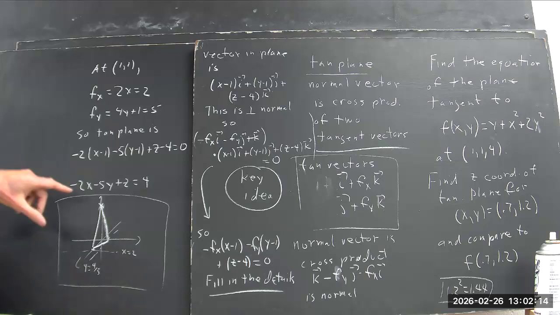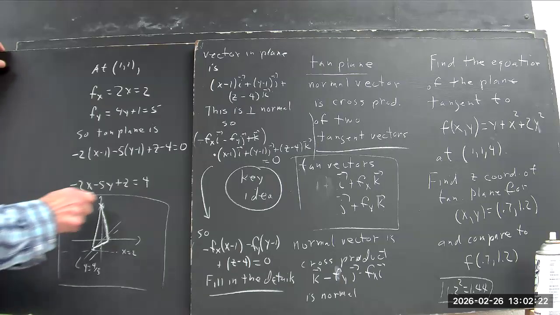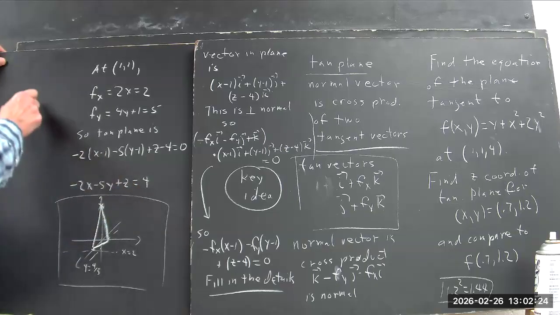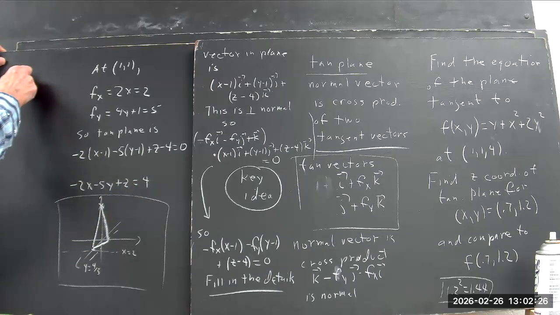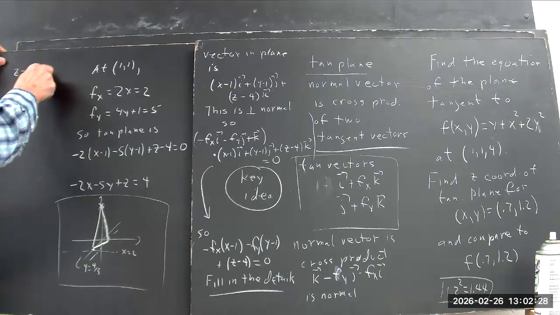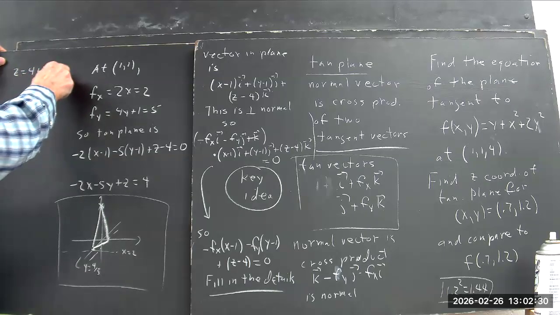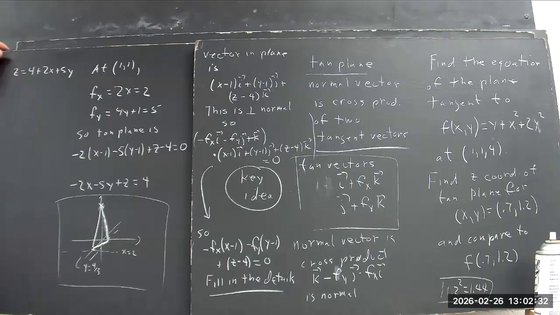Okay. Anyhow, there's the equation of the tangent plane. And of course, that gives you z equals 4 plus 2x plus 5y, if I'm not mistaken. We got that? Yeah.